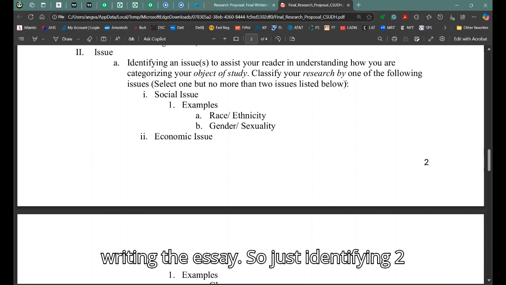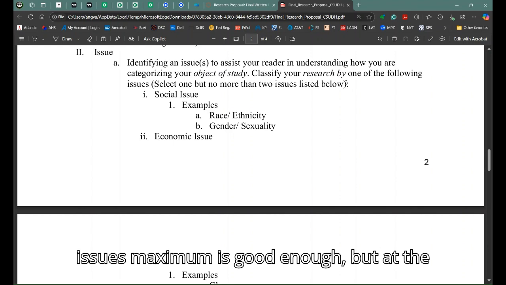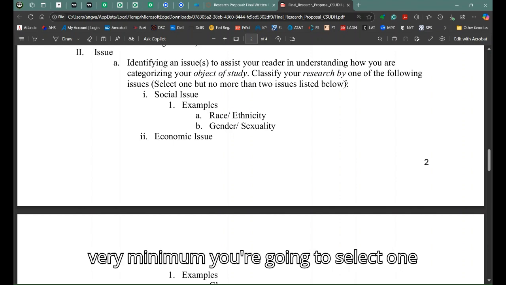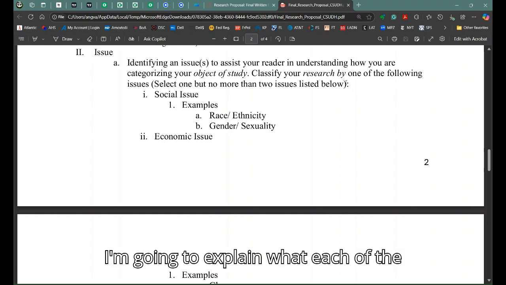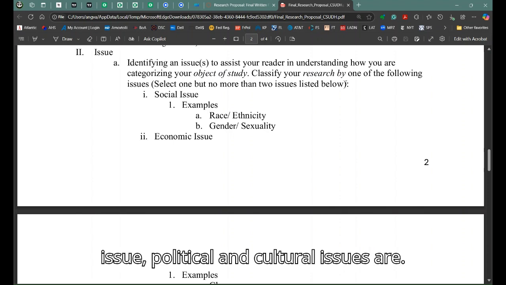Identifying two issues maximum is good enough, but at the very minimum, you're going to select one. I'm going to explain what the social issue, economic issue, political, and cultural issues are.